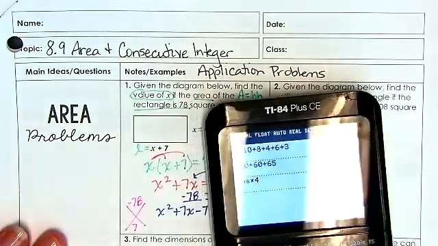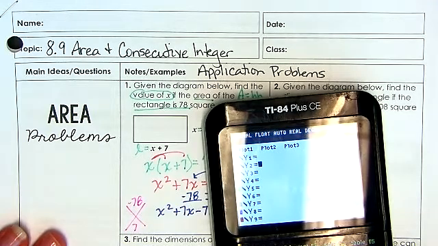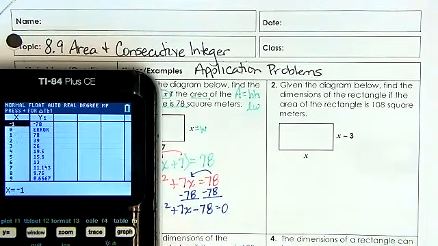I put in the y equals because I do not know the factors of 78. So I'm going to do 78 divided by x, and then I'm going to go to my table of values and look to see which ones are going to give me 7.